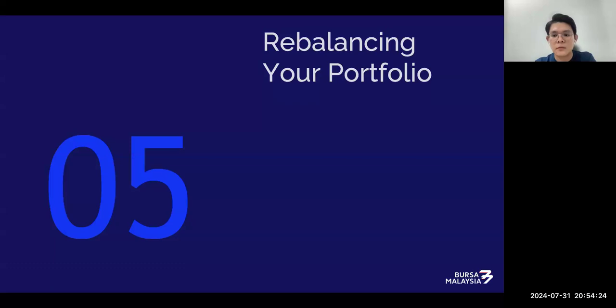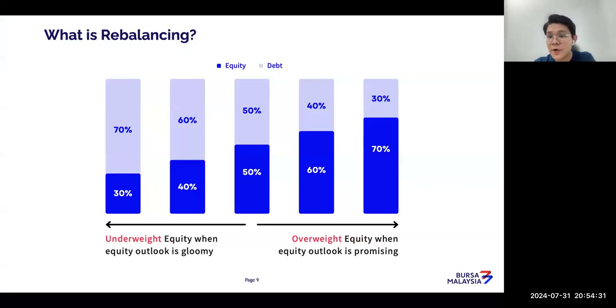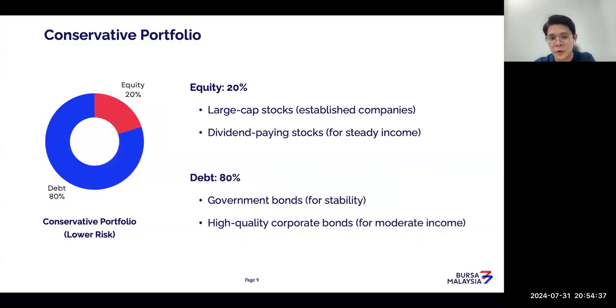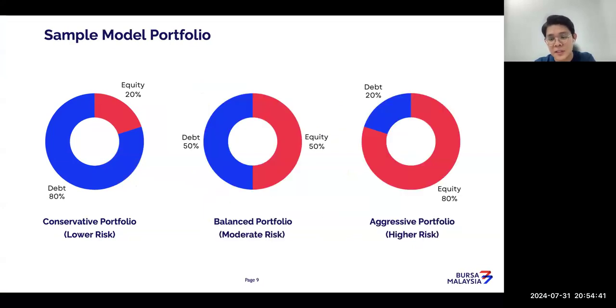The next one is rebalancing our portfolio. This is very important when we want to construct our portfolio. It's not only just about the allocation. If you just rely on the allocation, it's not a fixed allocation.